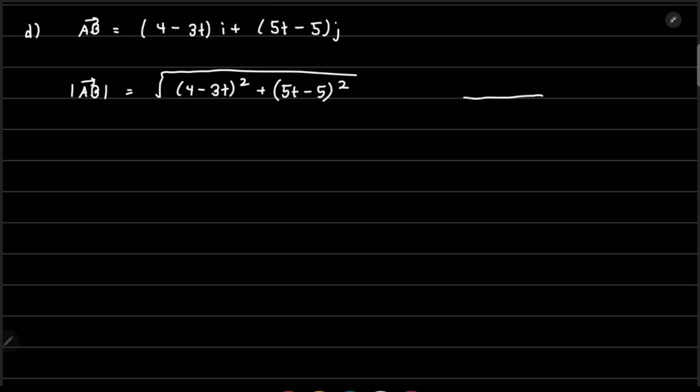Since we know how much it goes to the right and how much it goes up, I can find how much it moves in total, which would be the length of the hypotenuse over here. This is 90 degrees, so this squared plus this squared will be the magnitude.